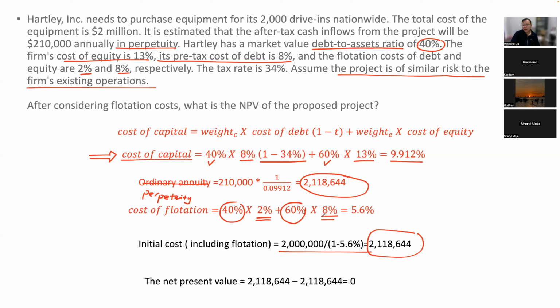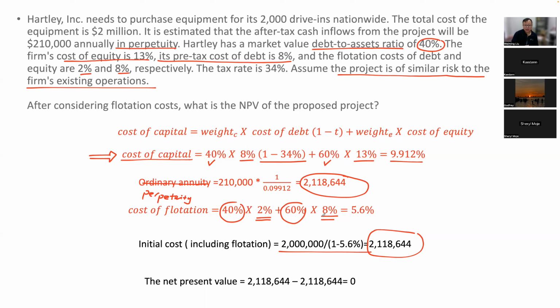So this is the cost incurred when you are raising capital. Let's say the project's initial cost, the total cost of the equipment, is $2 million.